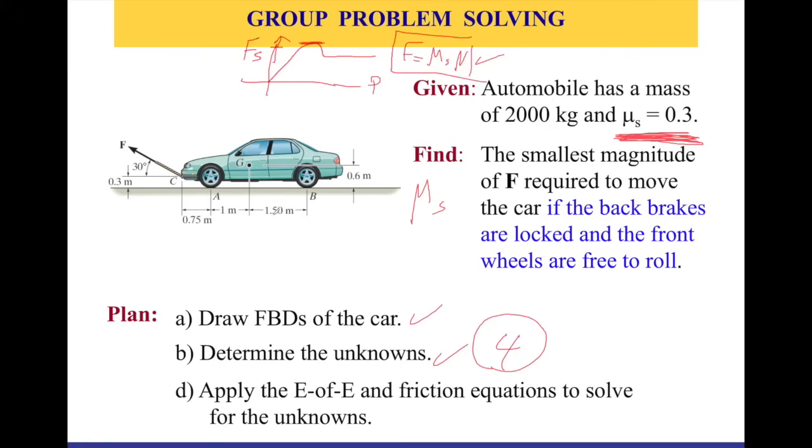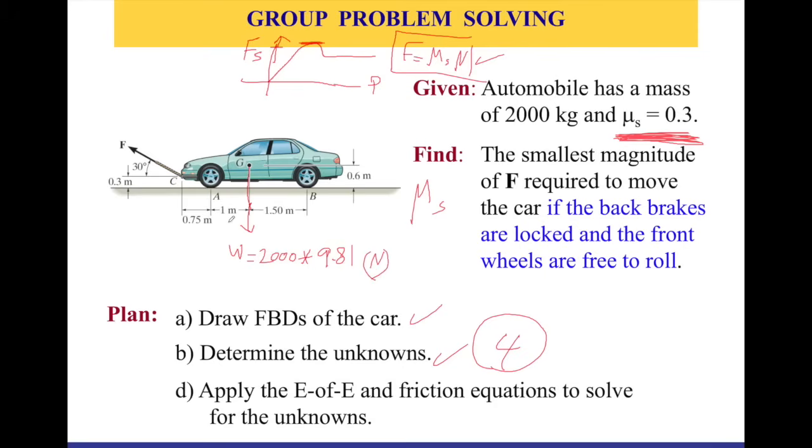The first thing to do is that this is my center of gravity. I'm going to put the weight at the center of gravity, W equals 2000 kilograms multiplied by 9.81, and that's my weight in newtons, right?